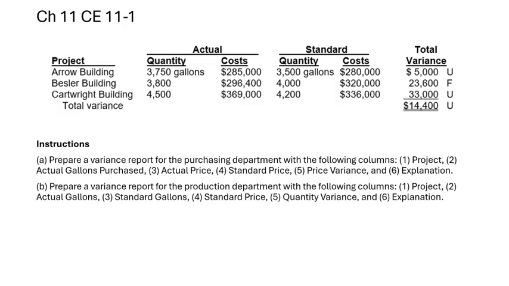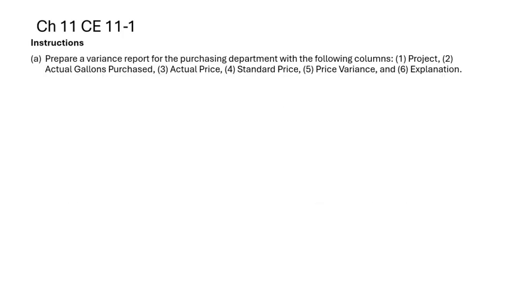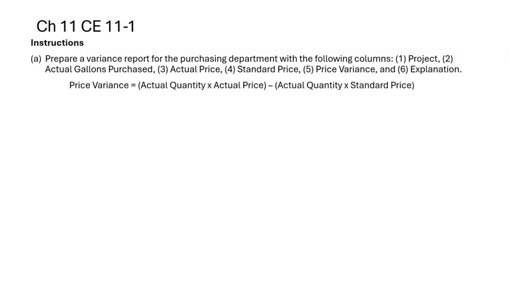So let's look at the price variance report first. Okay, there's our columns again. Remember, to calculate the price variance, we take the actual quantity times the actual price minus the actual quantity times the standard price. So we keep the quantity the same, using actual, and just vary the price and compare the two.